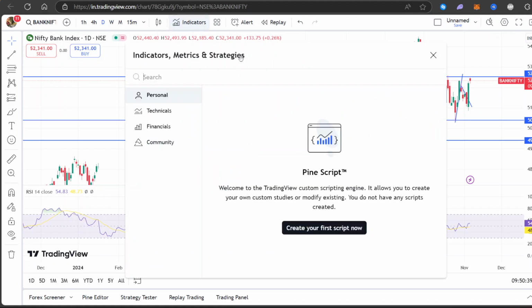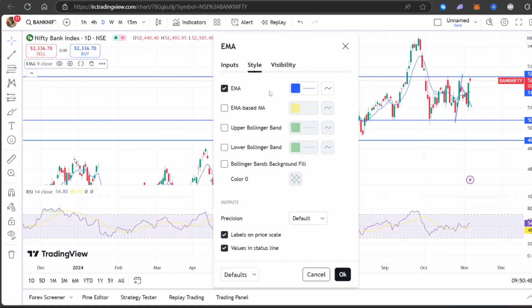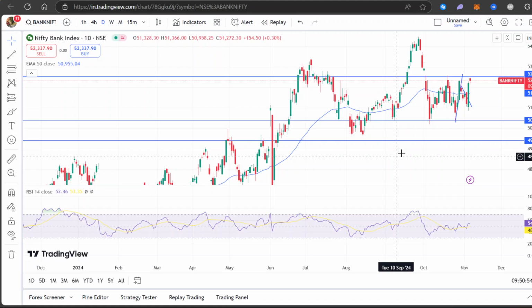Let me just add on the MA again. I'm just going to use the 50 MA in this case because I'm talking about combining both the RSI and moving averages for better signal.